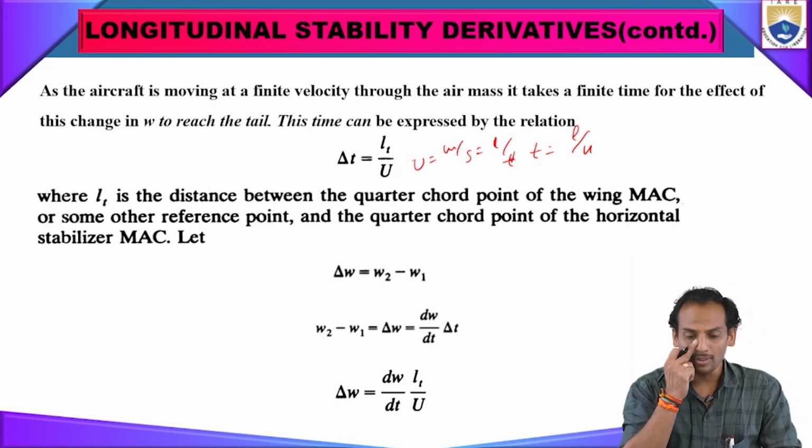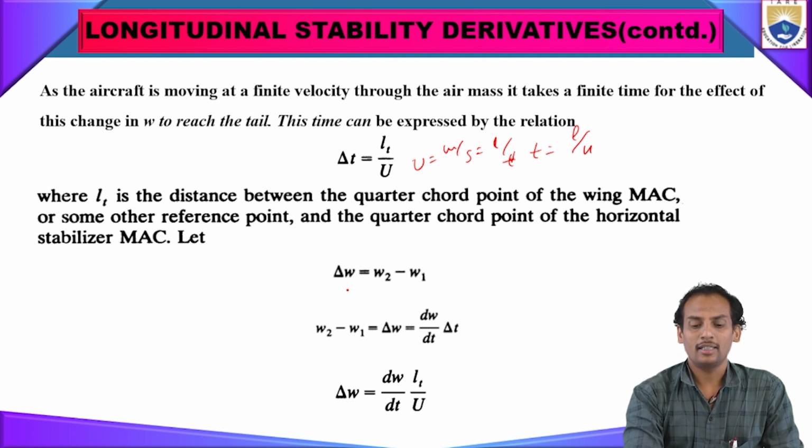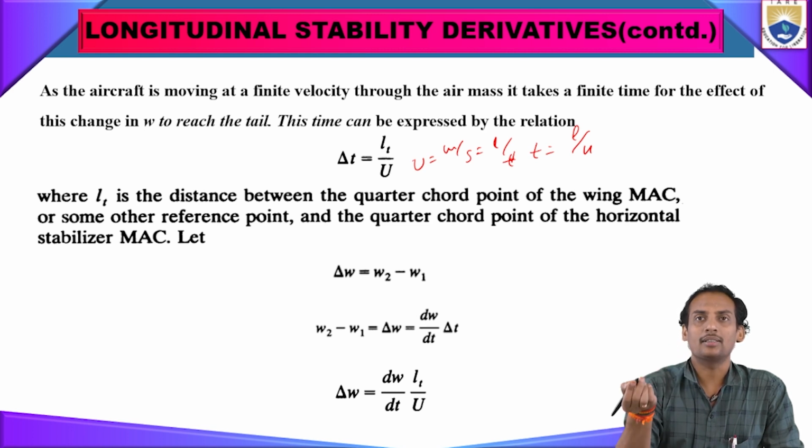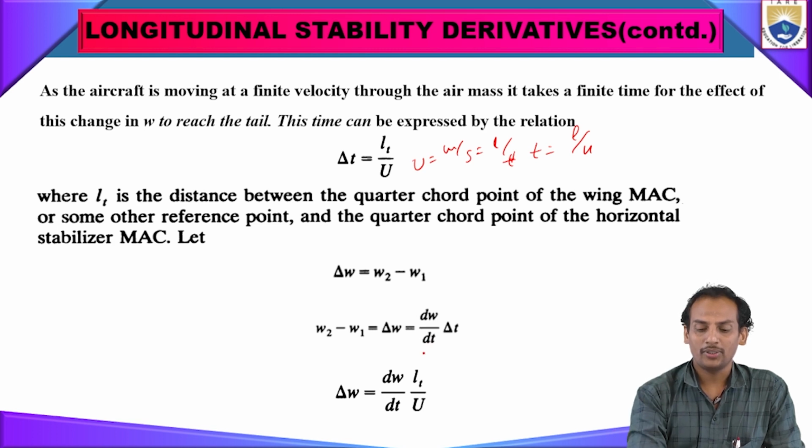Then delta w is the time rate of change of downward velocity of the aircraft. The downward velocity of the aircraft is given by dw by dt into delta t, and delta t we have expressed in terms of the linear velocity with lt.